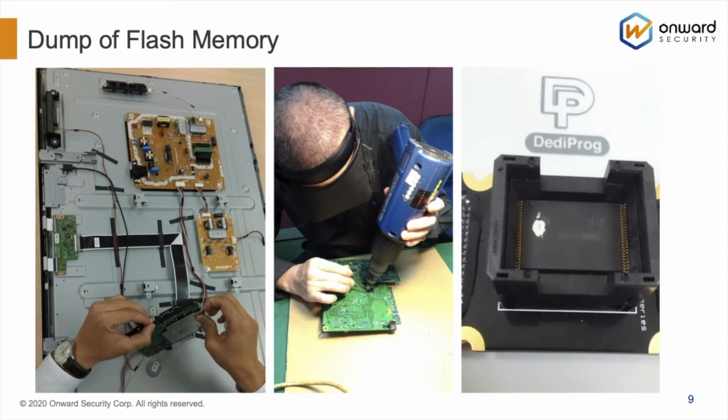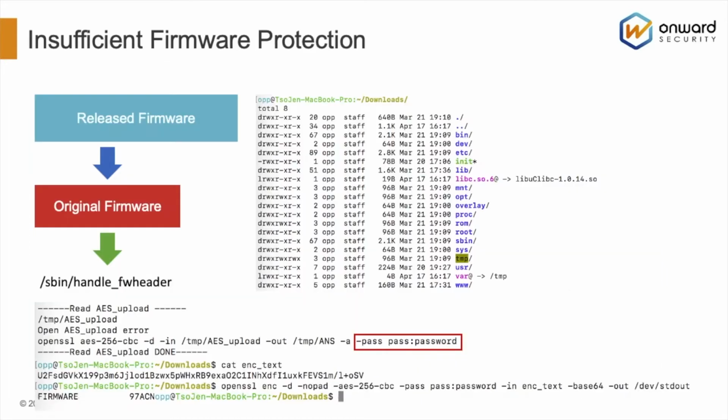Okay, so for security, we use different ways to try to get the data from your devices. Or sometimes we don't have a device, and we can still find some vulnerability.